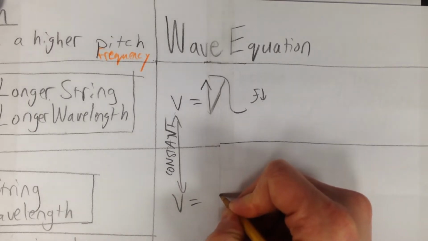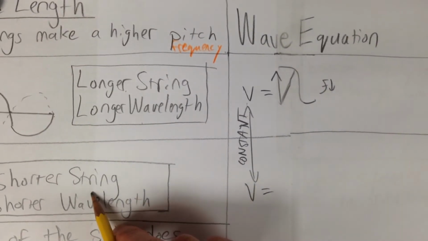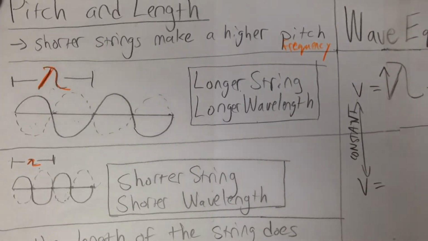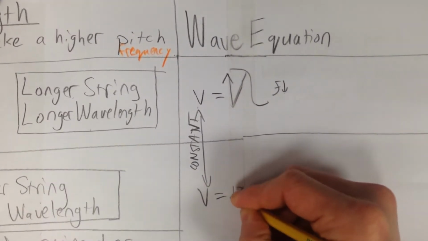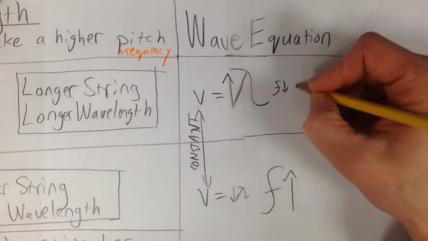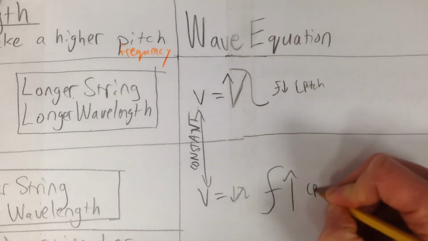And vice versa, when you shorten the string, the shorter string next to that picture has a smaller wavelength. So as that goes down, the frequency or the pitch goes up.